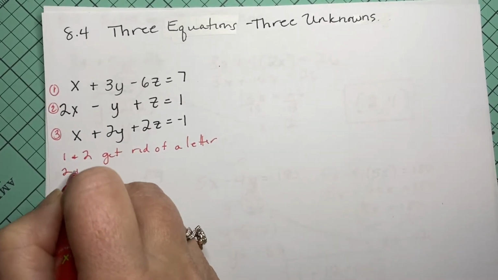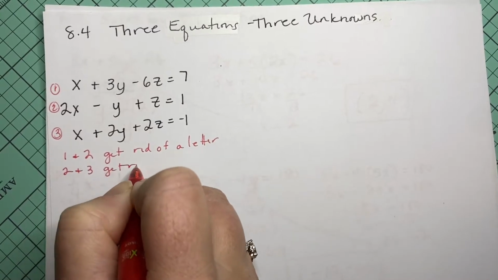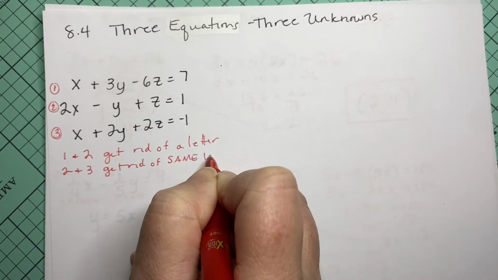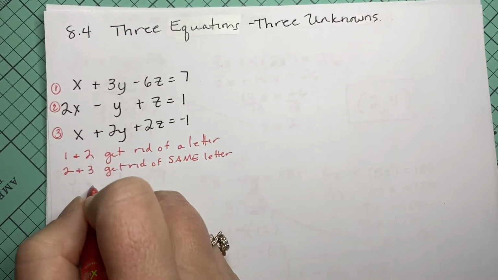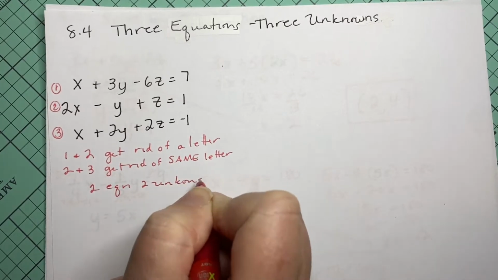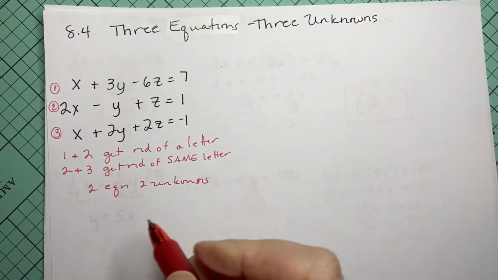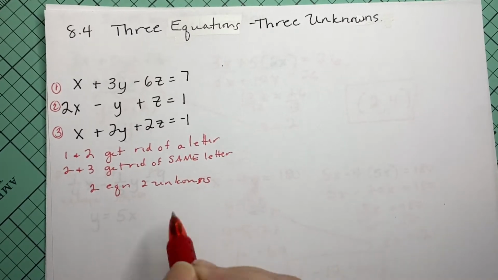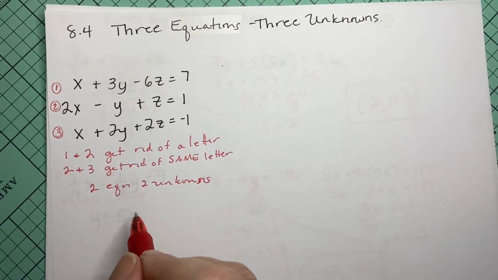Then you're going to take 2 and 3 and get rid of the same letter. That's important, that we've got to get down to the same letter, and that leaves you with 2 equations, 2 unknowns, like we did in 8.1 and 8.2. And so you'll just solve down for that letter and then start plugging it back in.